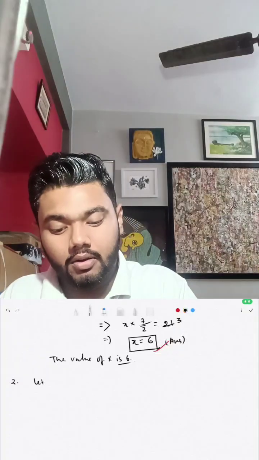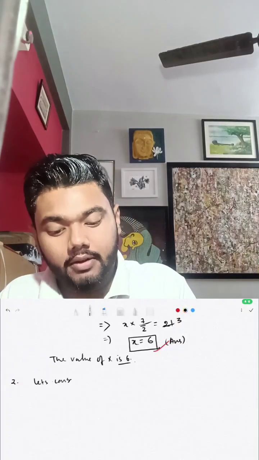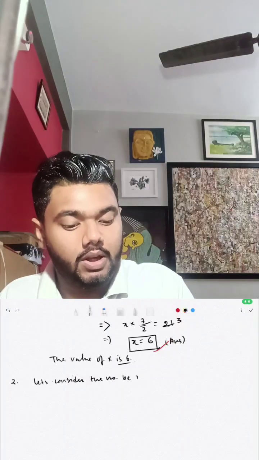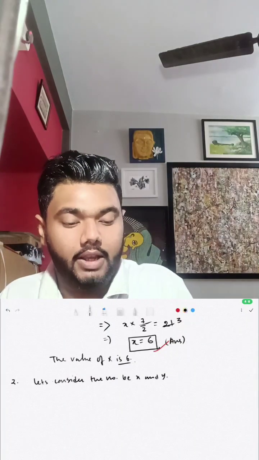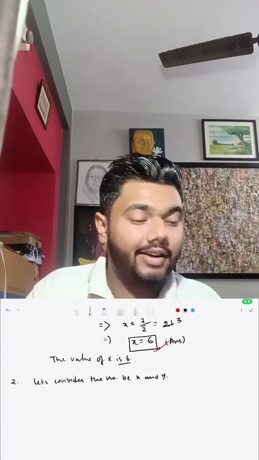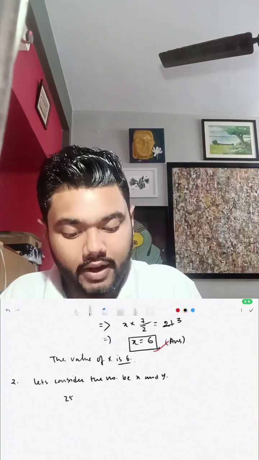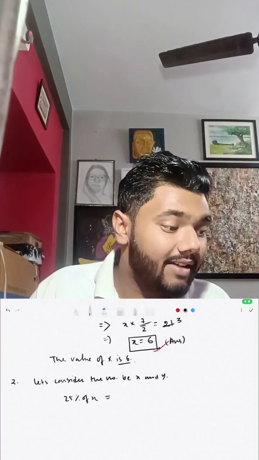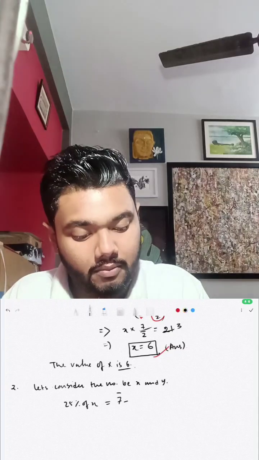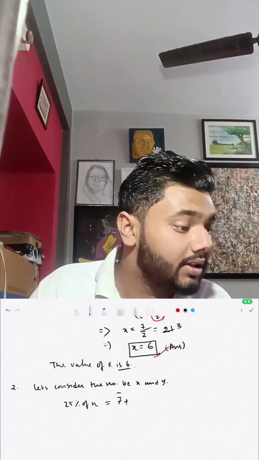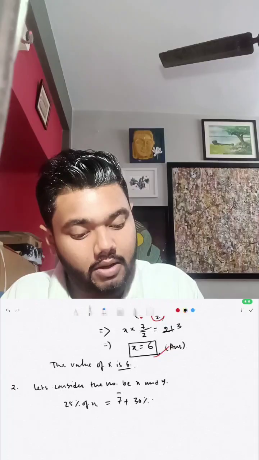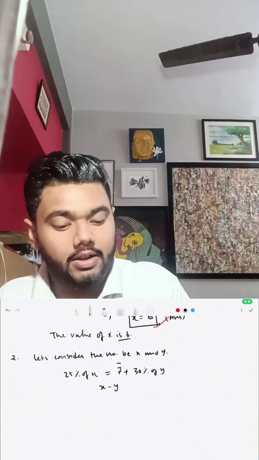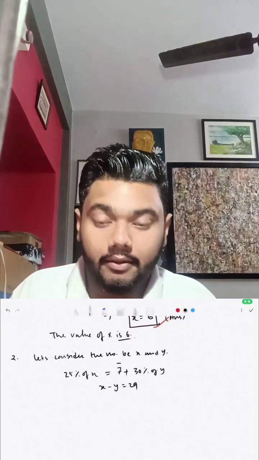So let's consider the numbers x and y. 25% of x equals 7 plus 30% of y, right? And the difference between the numbers, x minus y, is 29.